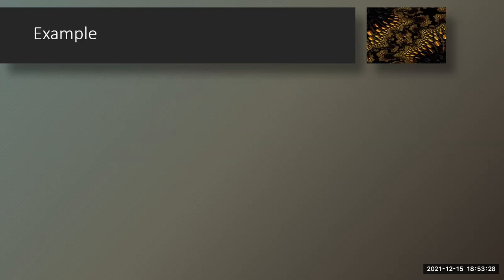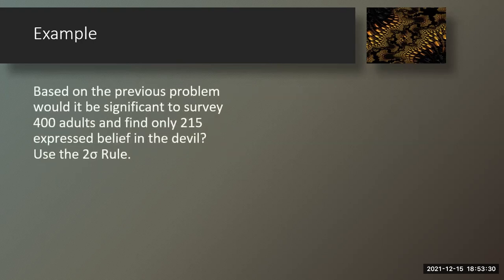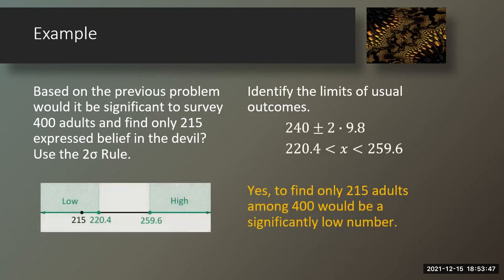There we go. So let's see. Based on that problem, would it be significant to survey those 400 adults and find only 215 had expressed belief in the devil? So we identify the limits of the usual outcomes. 240 plus or minus 2 times 9.8. At the low end, 220.4. At the high end, 259.6.